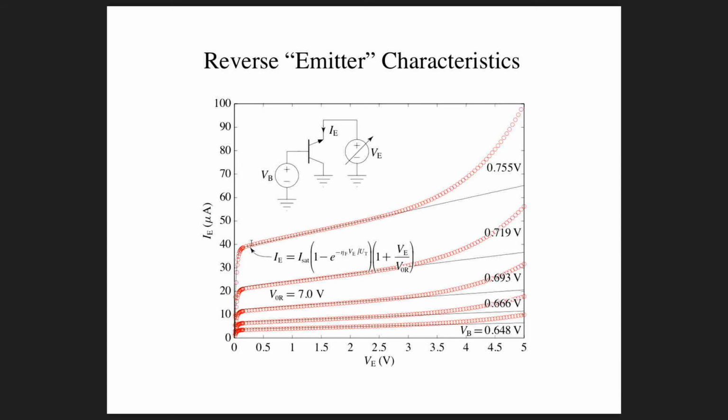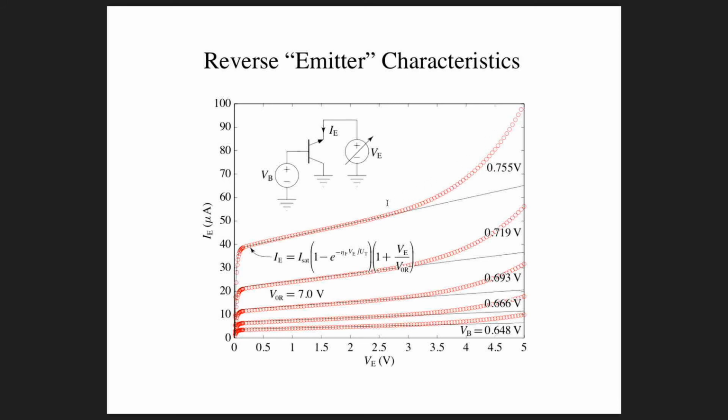You can see we have this nice linear looking curve for fairly small VCE. But when we get up to about 3 volts, it starts taking off and is concave up. We're starting to go up that breakdown curve.